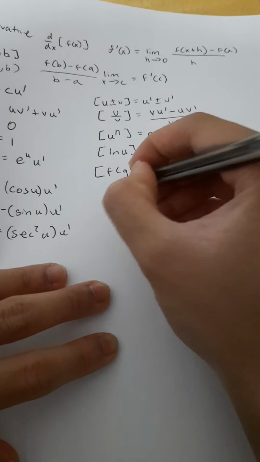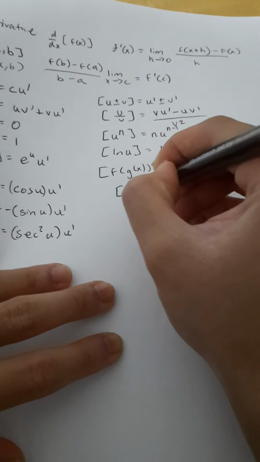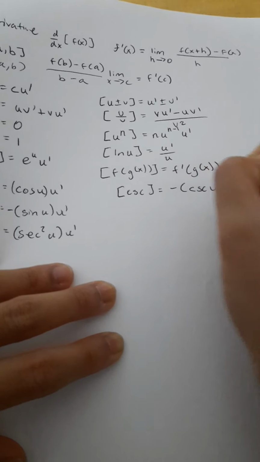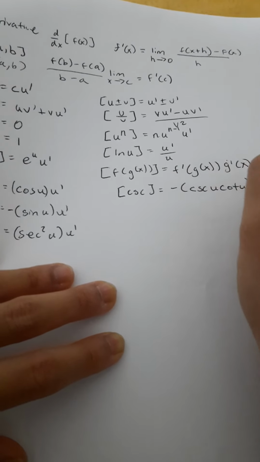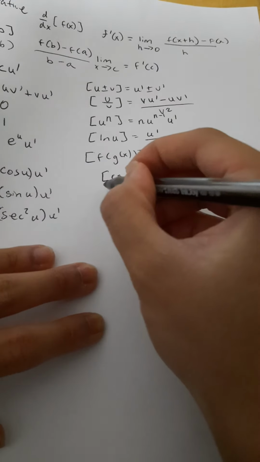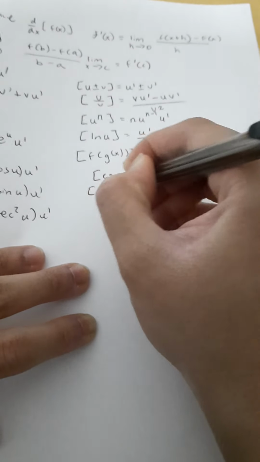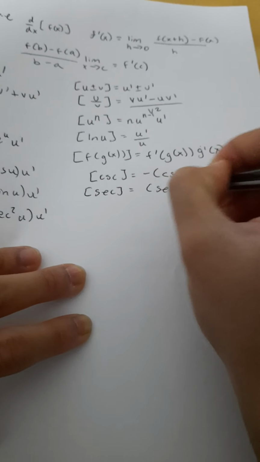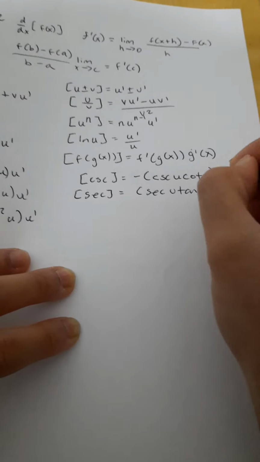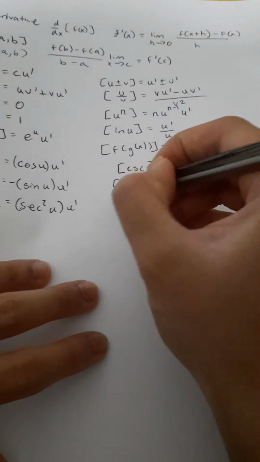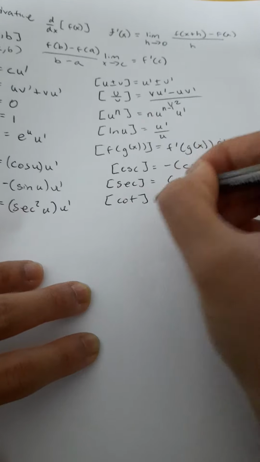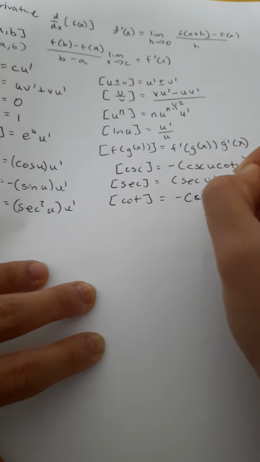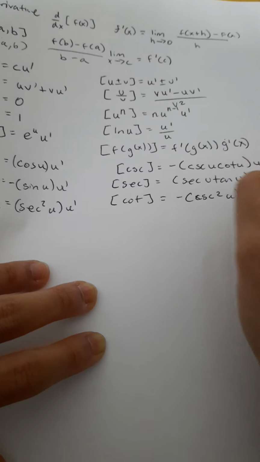Now it's our reciprocal ones. CSC u is equal to negative CSC u cotangent u times u prime. Still going. Secant u is secant u tan u times u prime. Cotangent u is negative CSC squared u times u prime.